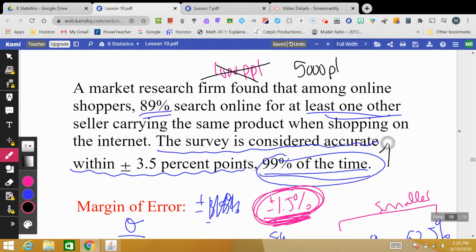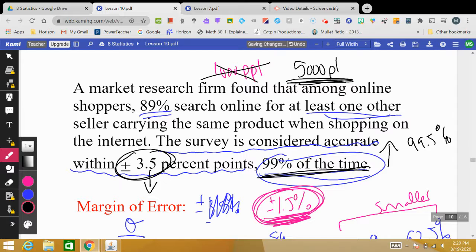Your confidence goes up, and you should have less wiggle room because you've asked more people, so you shouldn't need to have as high of a wiggle room. Okay? And you're going to be even more confident. Maybe you'd go up to 99.5%. No one's ever 100% because of outliers. Okay? If anybody says they're 100% accurate, that means that they have asked every single person in a population, and that's almost impossible to do.